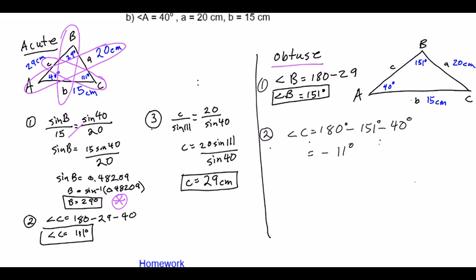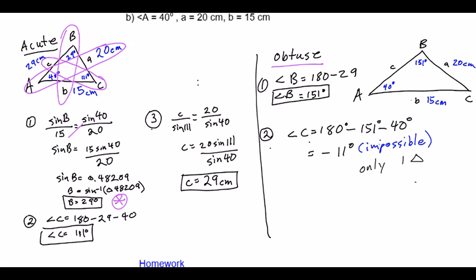What you need to realize is this is impossible. Based on our original obtuse angle, we can't have a negative 11 degrees, so therefore there's only one triangle.